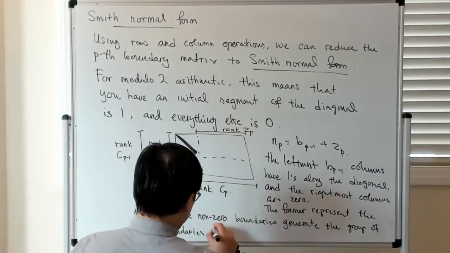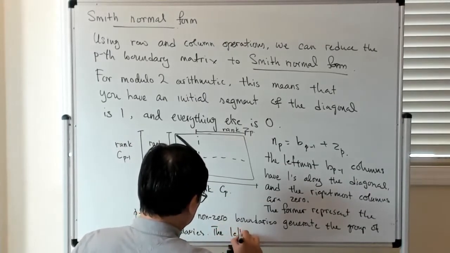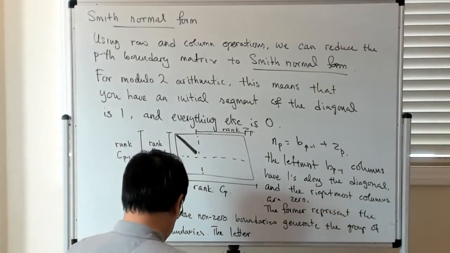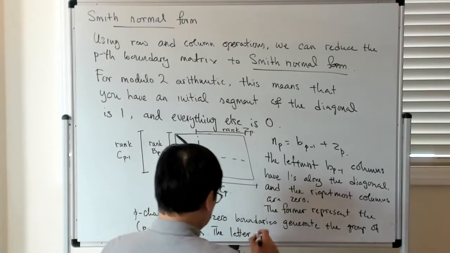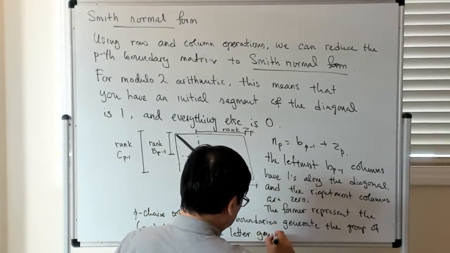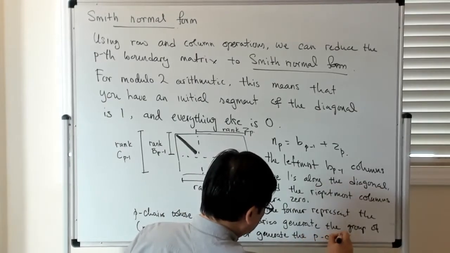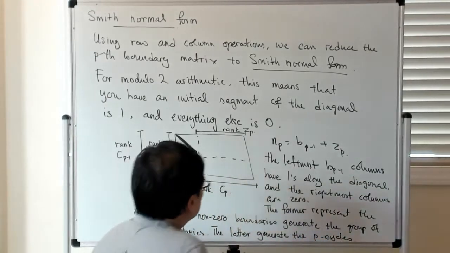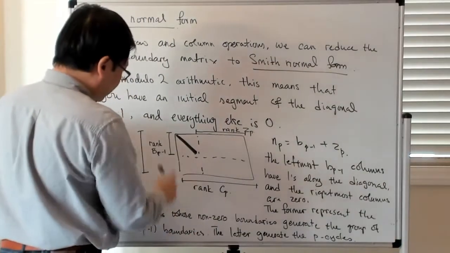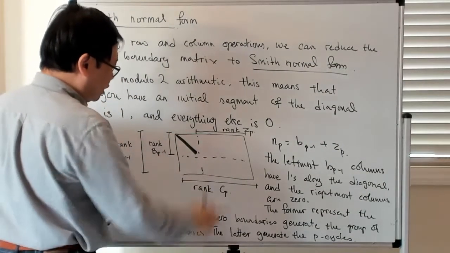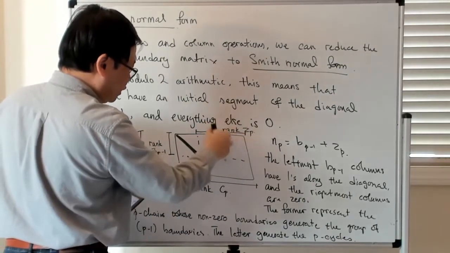And then the latter get mapped to 0, so obviously they are cycles. Okay, so again, this is an explanation as to why this gives you the rank of B_{P-1}, and then this gives you the rank of Z_P.